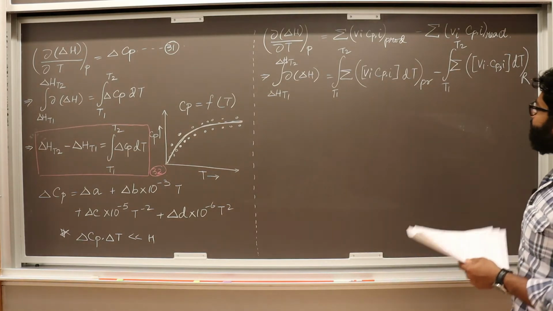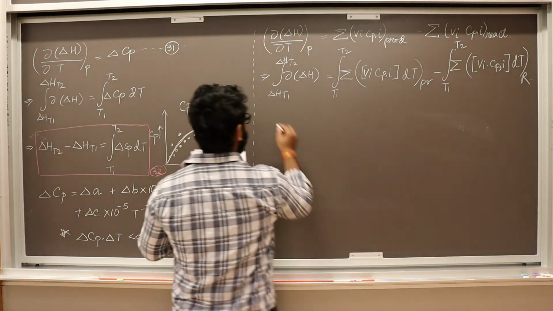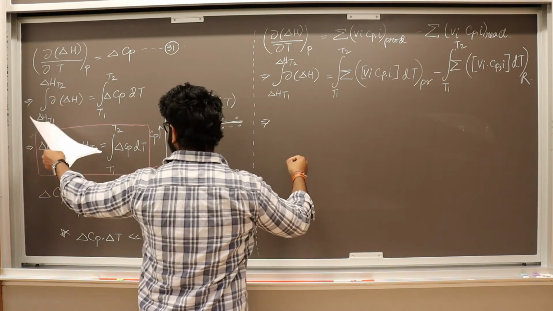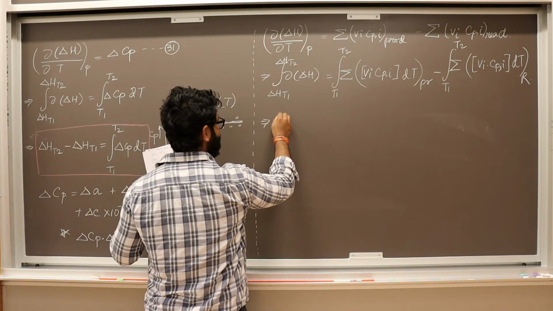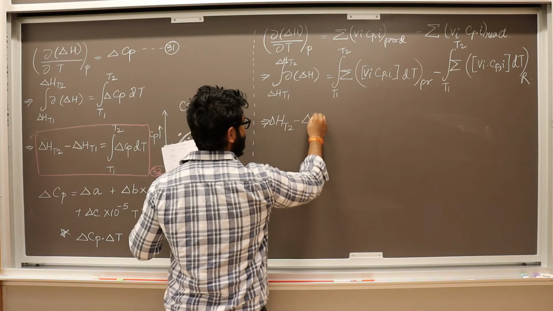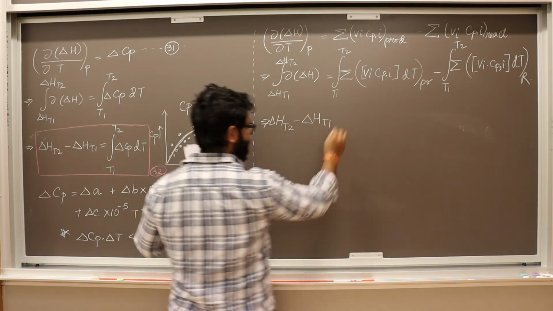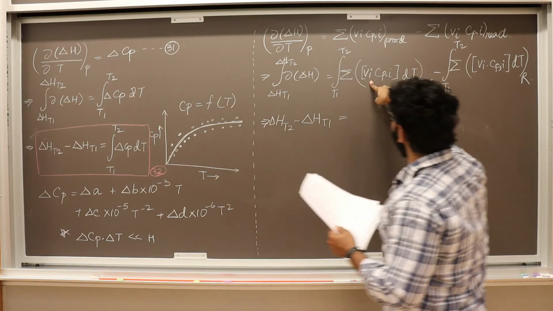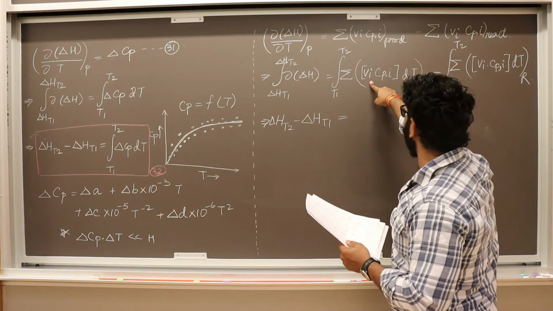Now we can simplify things in here. This becomes similar to this, and this becomes delta H at T2 minus delta H at T1. This Vi is a constant, right?